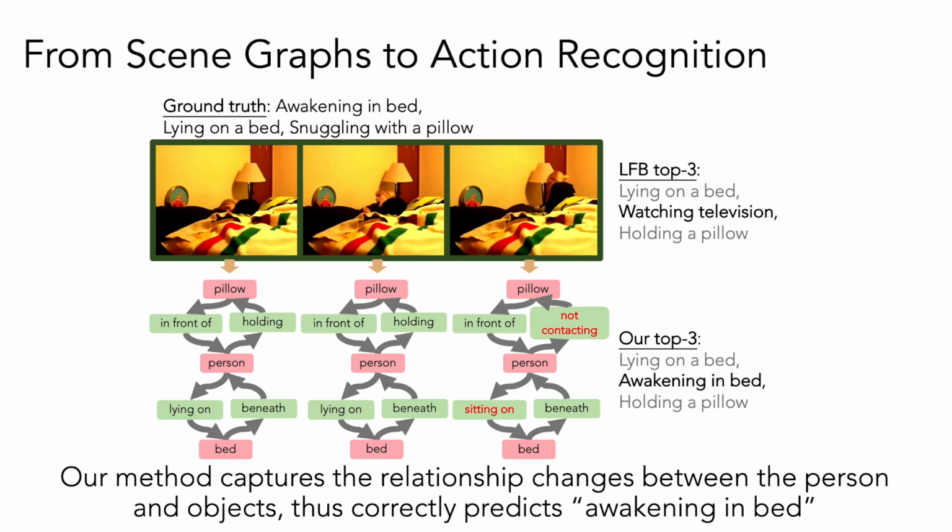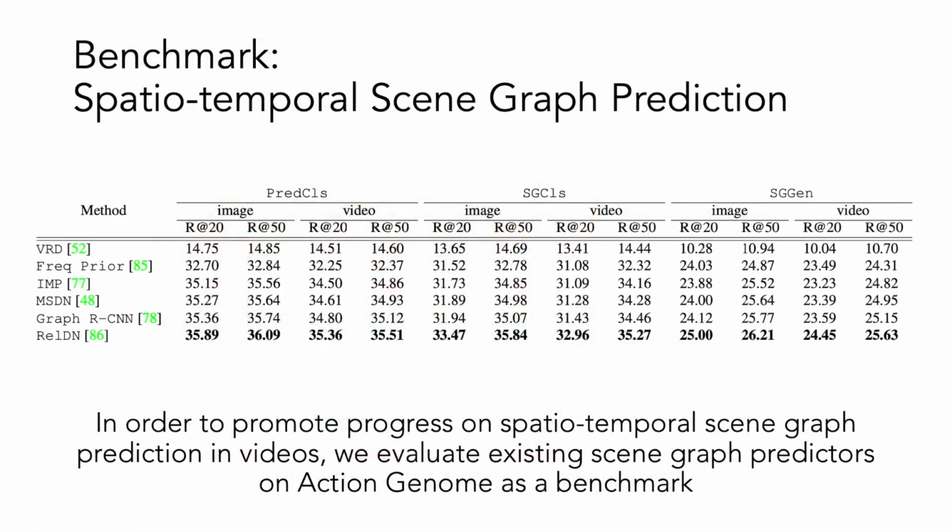For example, the changes between the person and pillow from holding to not contacting. In the end, it successfully predicts awakening in bed. In order to promote progress on spatial temporal scene graph prediction in videos, we evaluate existing scene graph predictors on Action Genome as a benchmark.